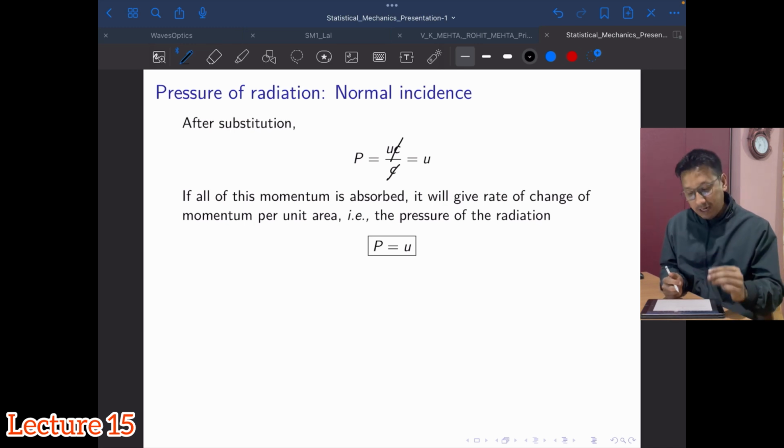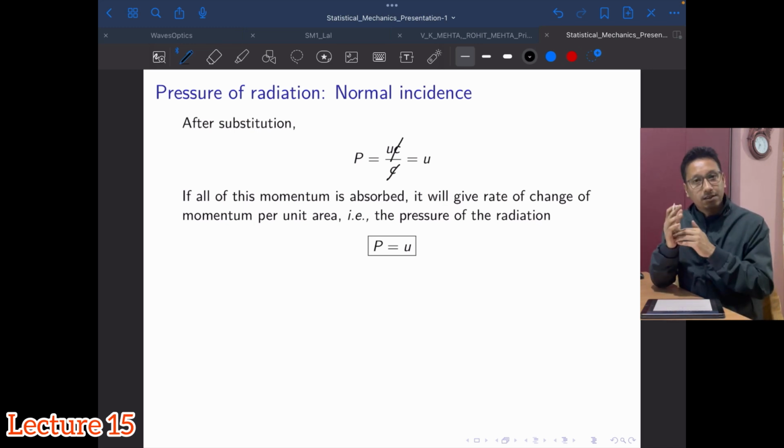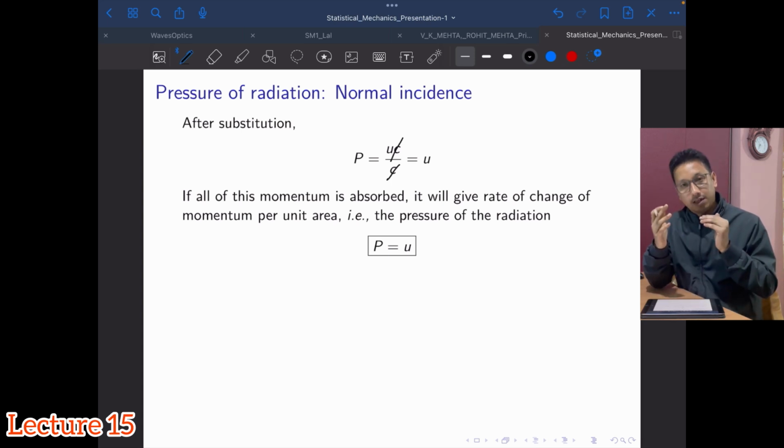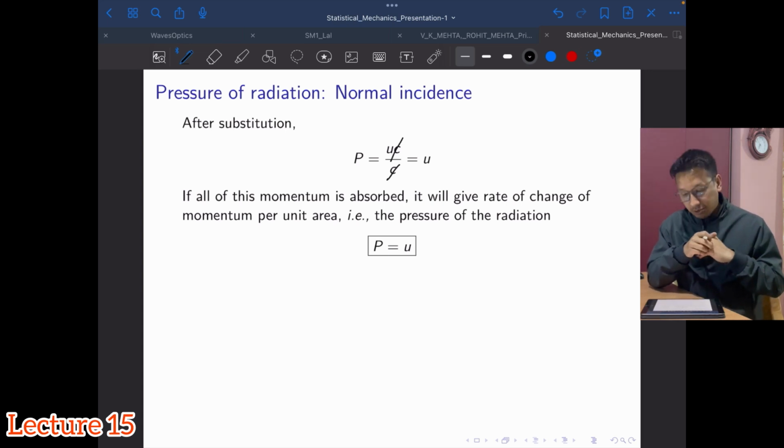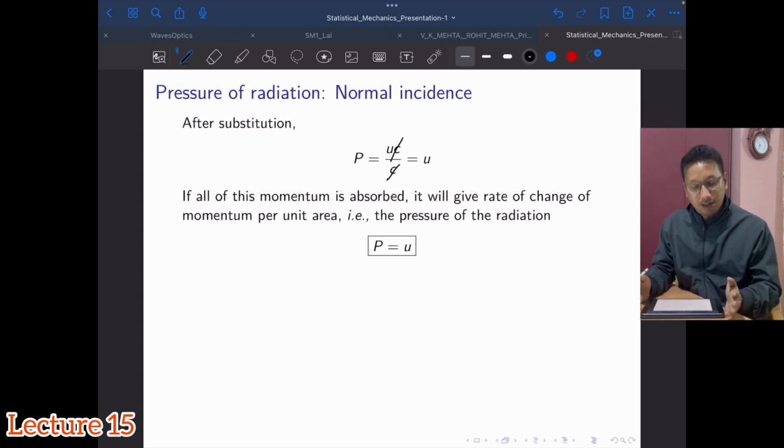So the momentum which is hitting the plane which is perpendicular to the direction of the radiation is equal to U, right?